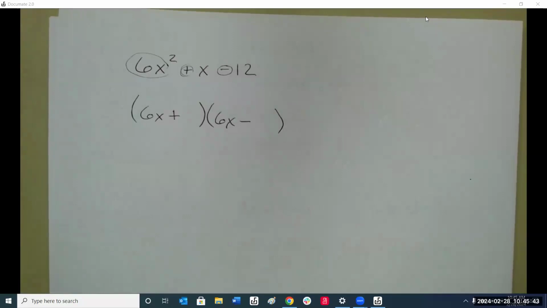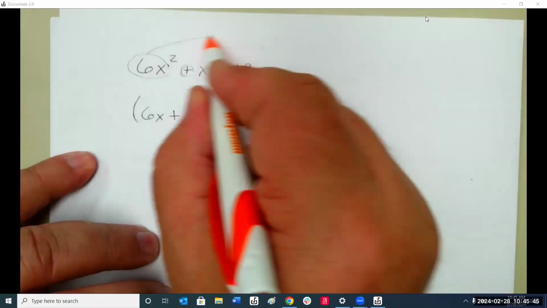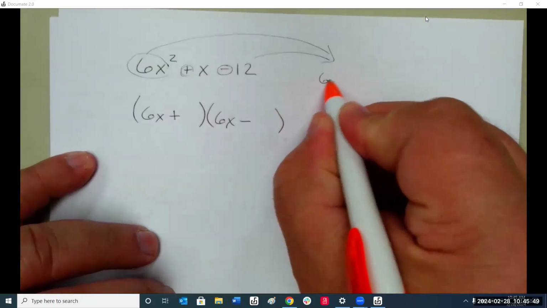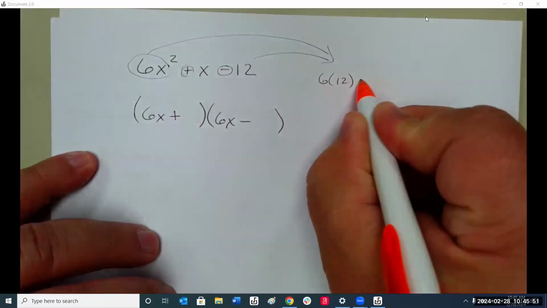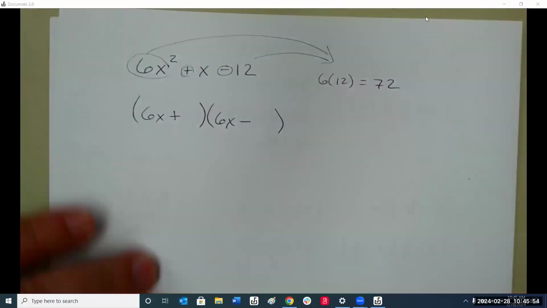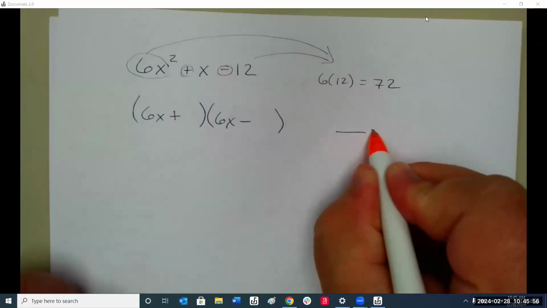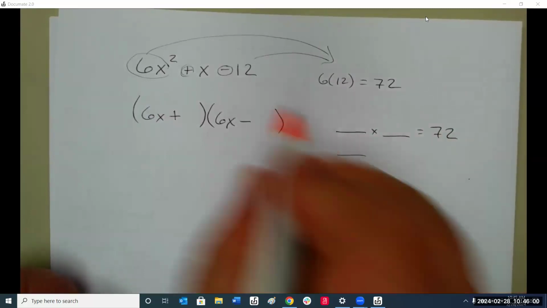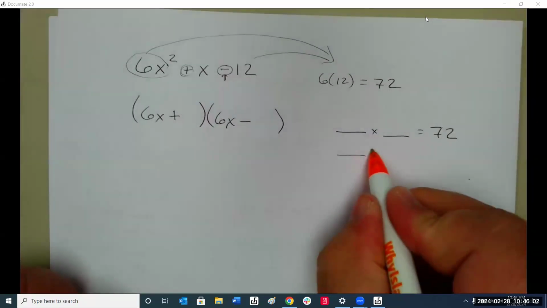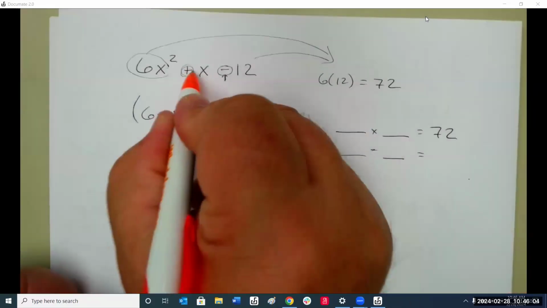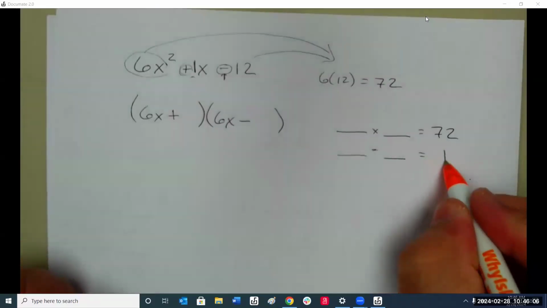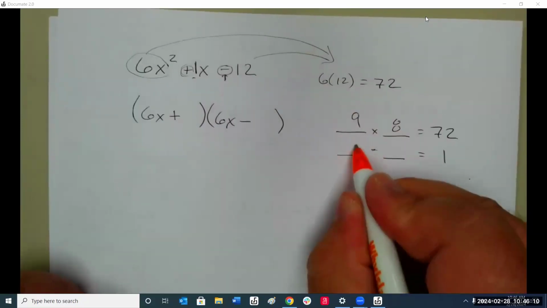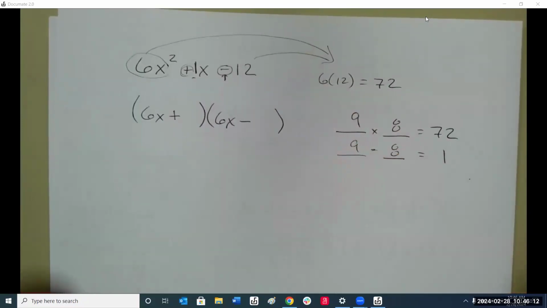Now comes the hardest part. Take A times C, which is 6 times 12, which is 72. What times what equals 72 that when we subtract them, it equals 1? 9 times 8, 9 minus 8.